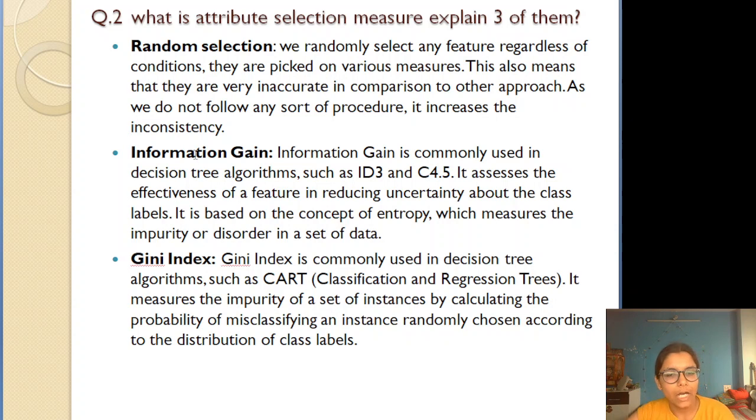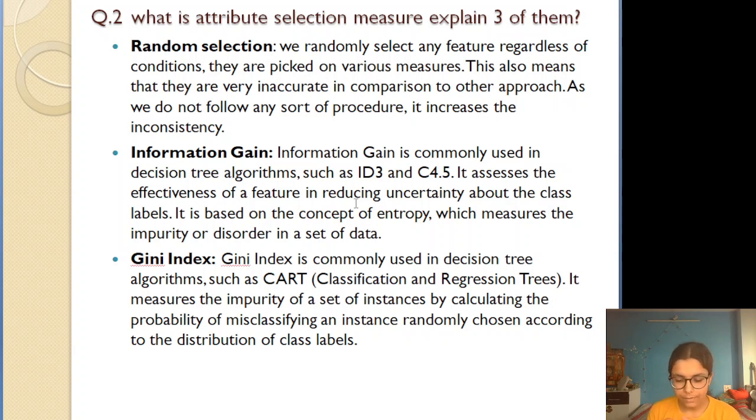For the next one, we have information gain. Information gain is commonly used in decision trees such as ID3 and C4.5. It assesses the effectiveness of a feature in reducing uncertainty. So it reduces the uncertainty in our data set, and it is based on the concept of entropy, which measures the impurity or disorder in a set of data.